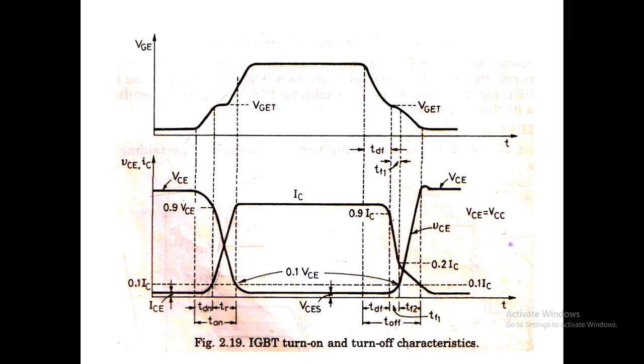During the turn on delay time, the gate voltage has to be increased from the minimum voltage to the threshold voltage, and during that condition the voltage across the collector to emitter will decrease from the maximum value, 100 percentage, to 90 percentage of VCE, that is 0.9 VCE, and the current will increase from the leakage current value to 10 percentage of the full value of collector current, where IC is the rated collector current.